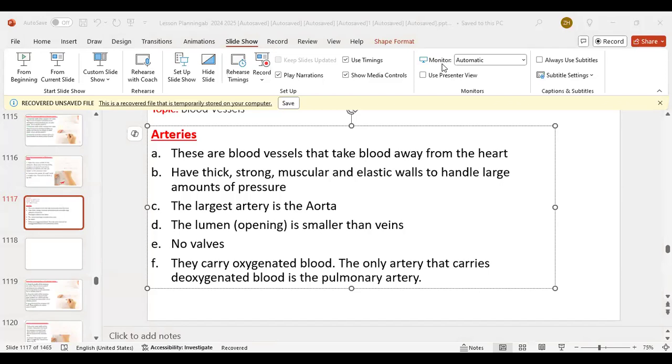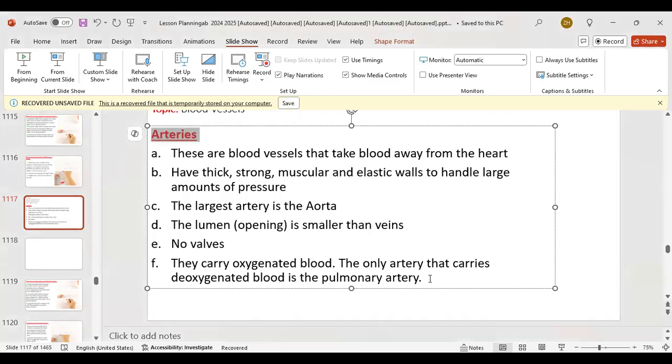They have thick, strong, elastic, muscular walls to handle large amounts of pressure. Very good. What is the largest artery? The aorta. And do arteries carry blood away from the heart or to the heart? A for away. Very good. A for away from the heart.